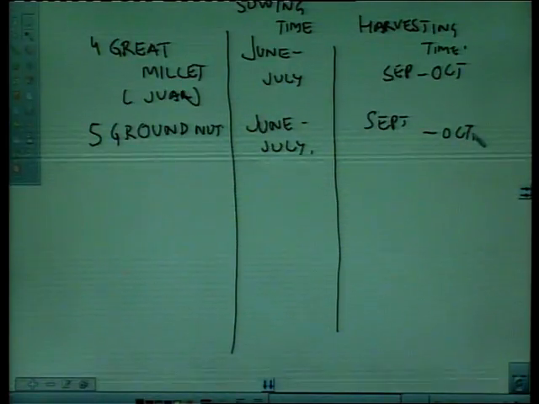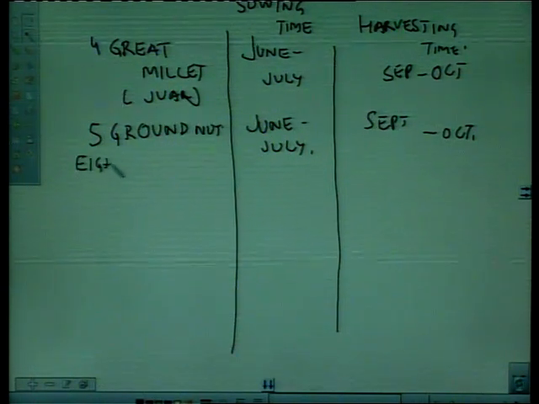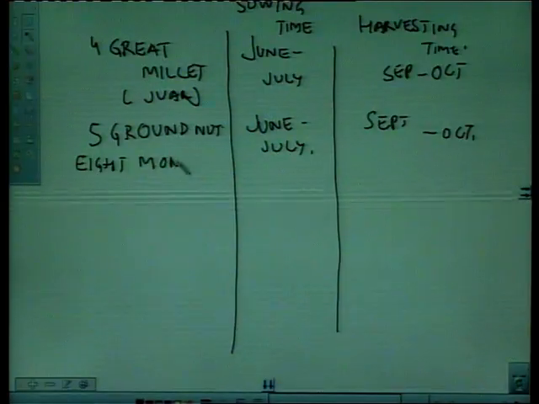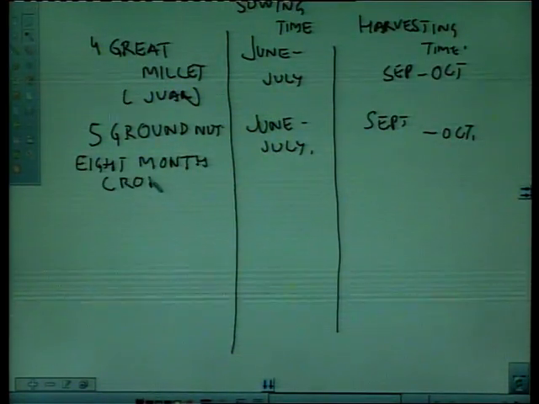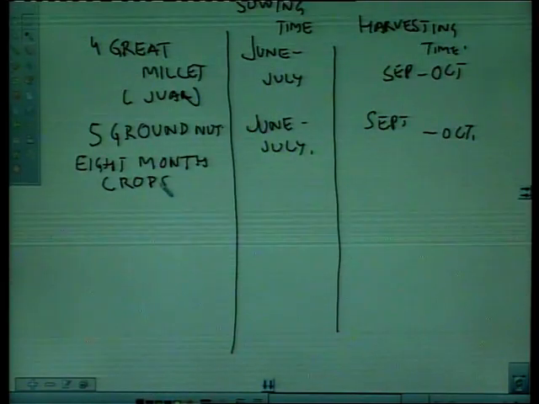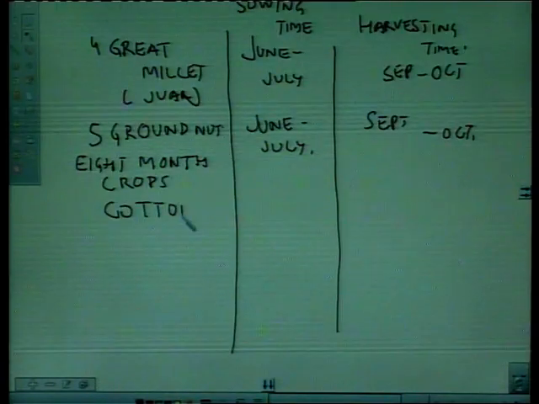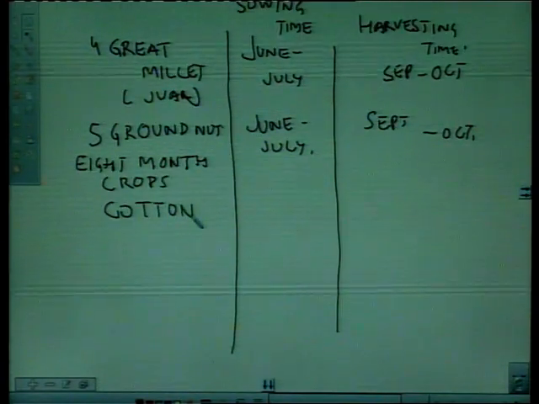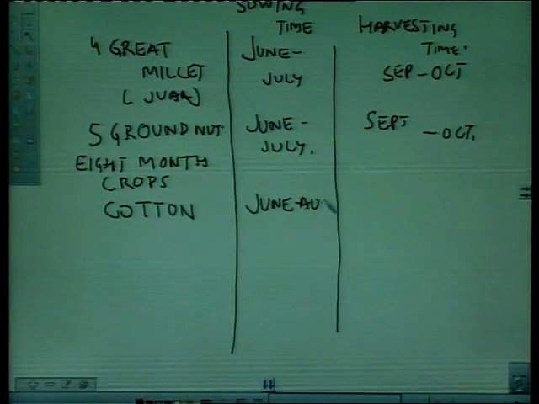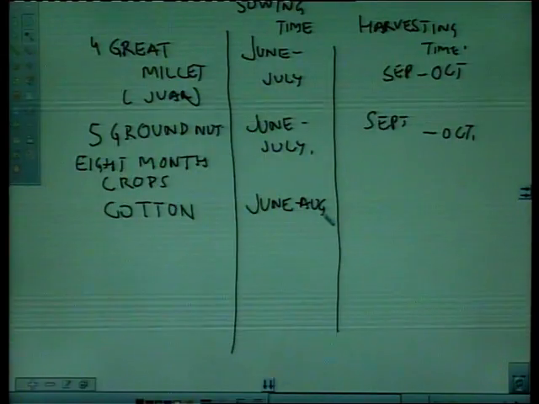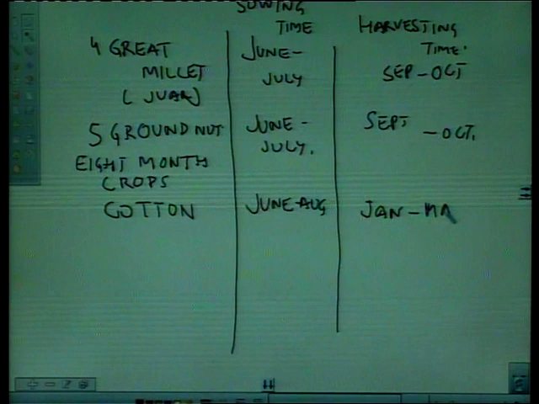Then we have 8-month crops. It requires 8 months for maturity. Cotton: sowing time is June, August, and harvesting time January, March.